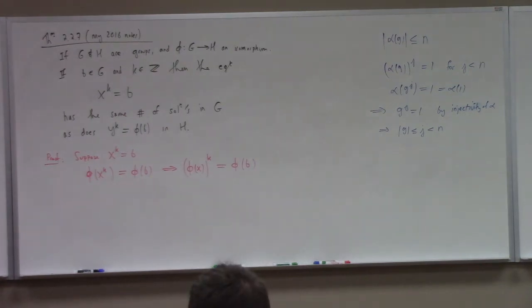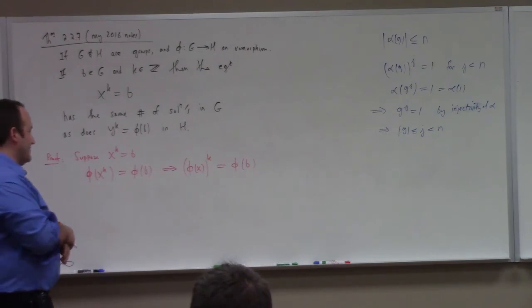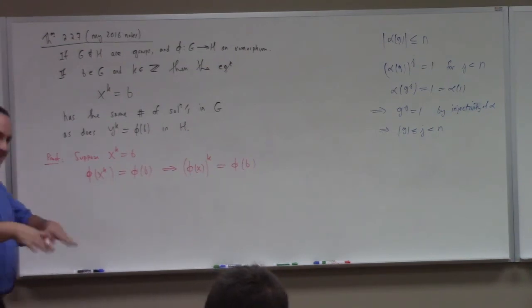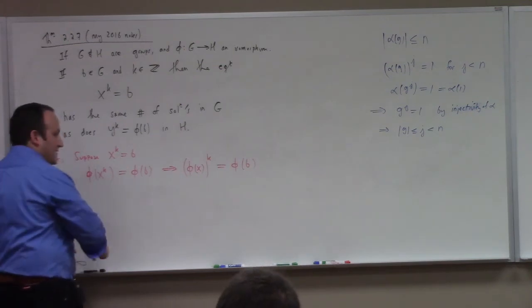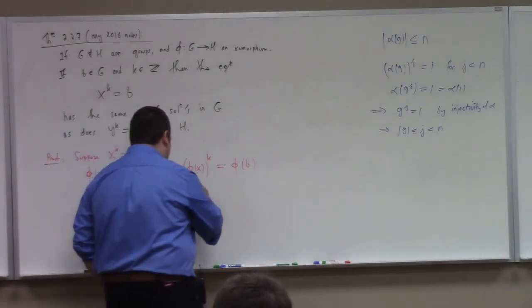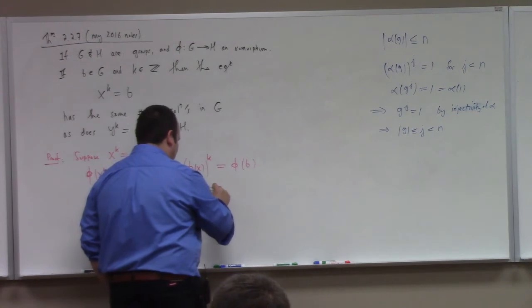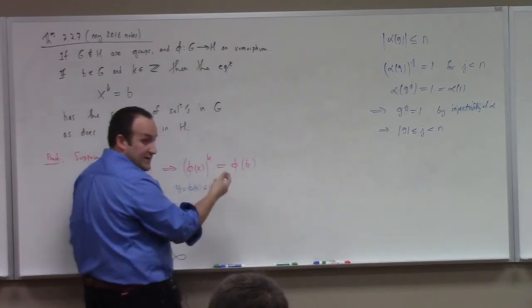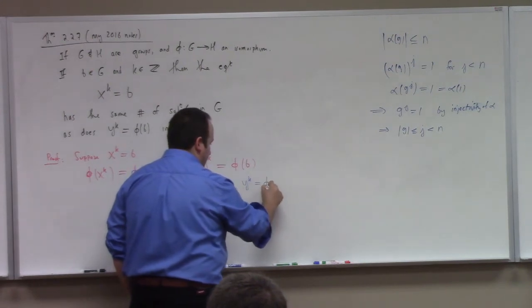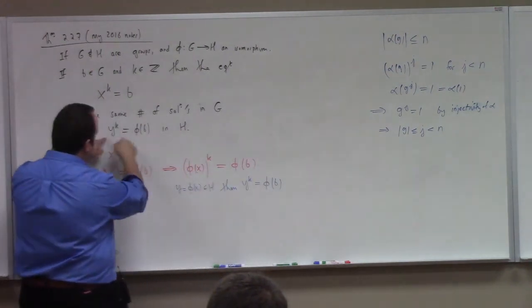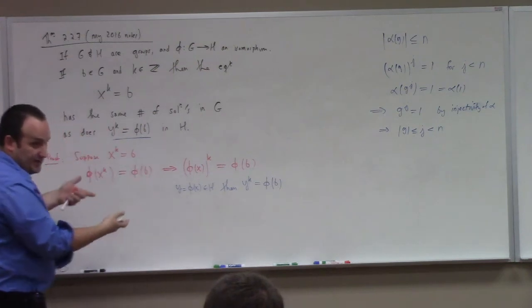What does it say about phi of x? Phi of x is an element of H. And if we say y equals phi of x, then y to the k is equal to phi of b. What I'm trying to say is this is a solution to the equation.